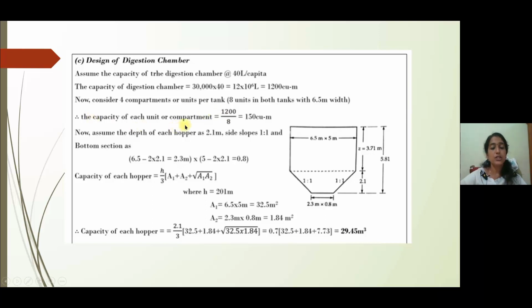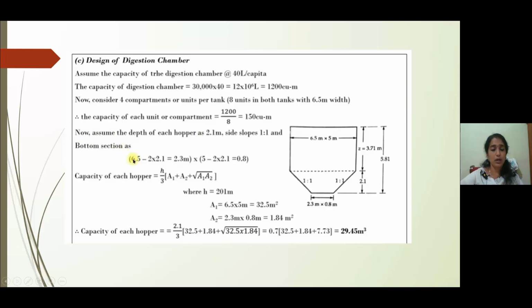The capacity of each unit or compartment is equal to 1200, the sludge capacity that the digestion chamber should provide, divided by the total number of 8 units, so 1 unit capacity is 150 meter cube. Now assume the depth of each hopper as 2.1 meter, and 1:1 as the side slope.